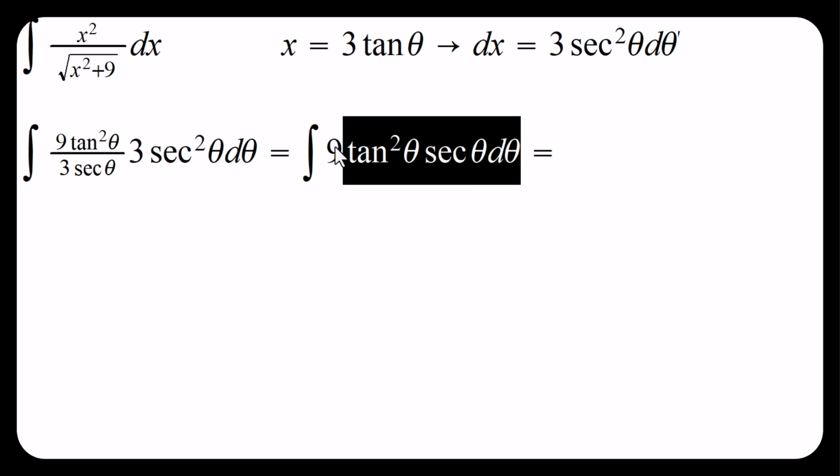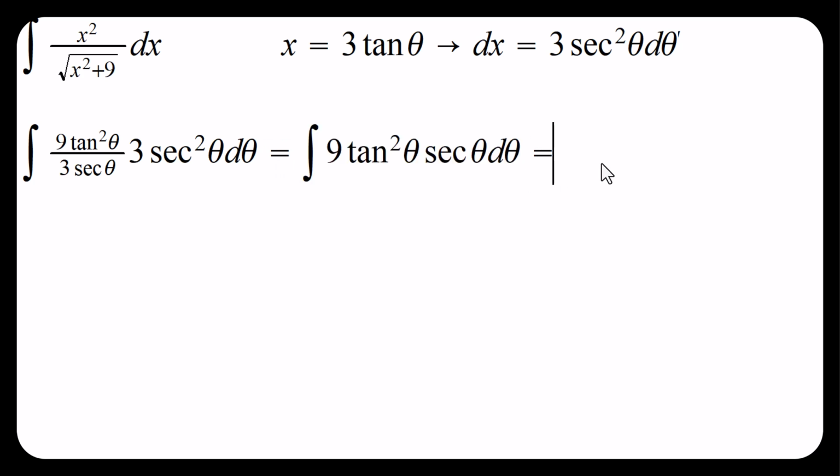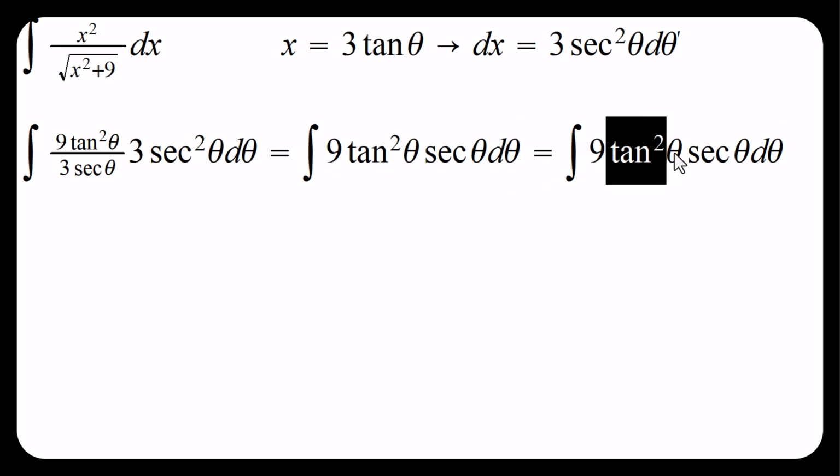Let's just go ahead and use the identity that we had written just a short while ago. Remember what the identity was? The identity was that we can write tangent square theta as secant square theta minus 1, right?